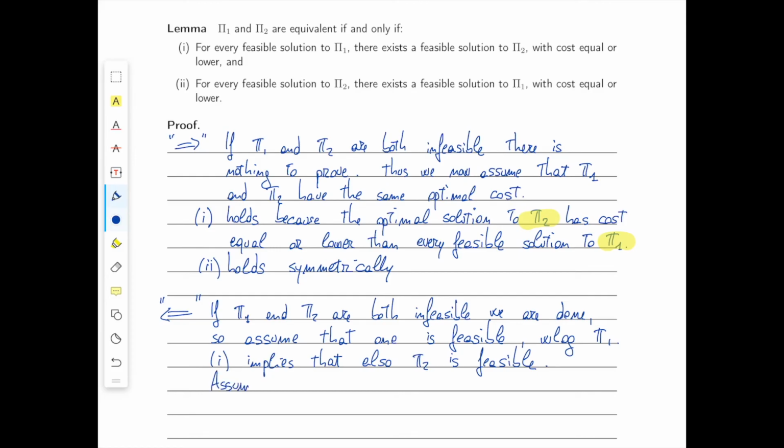Assume by contradiction that one of the two problems has strictly lower optimal cost than the other.